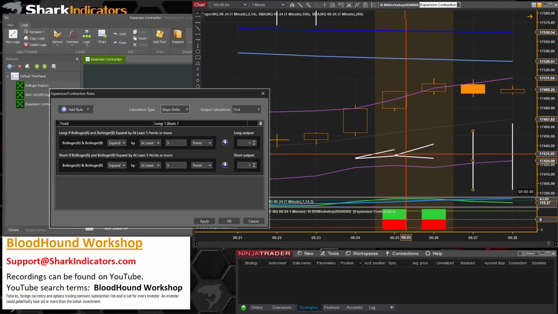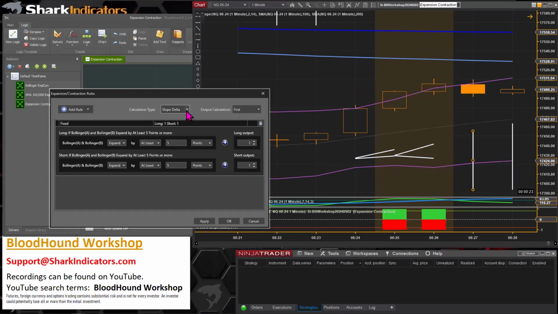You're comparing the delta of the slope between the prior 2 bars and the next 2 bars, and seeing if that slope is expanding away or contracting towards.